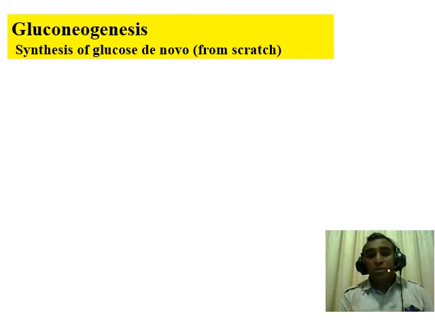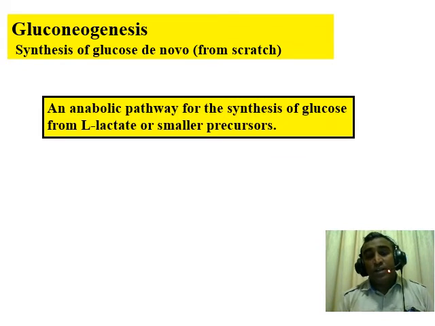This one you build within the cell, within your body itself. That's why it's referred to as de novo. And it is an anabolic pathway for the synthesis of glucose from many small precursors, not only lactate.